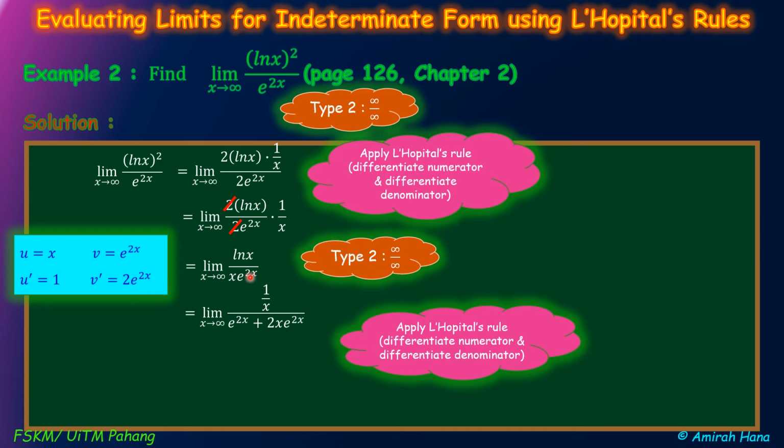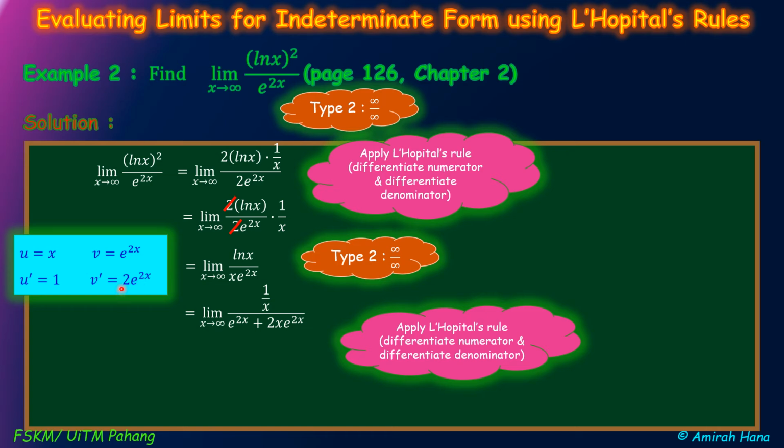But the first step is that the function should be in terms of a fraction. Now to differentiate x e to the power of 2x, our u is x, our v is e to the power of 2x. Then we differentiate x, it becomes 1, and when we differentiate e to the 2x, we use the exponential rule, so the answer is e to the 2x times 2.